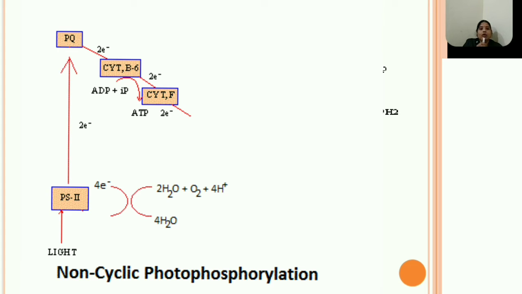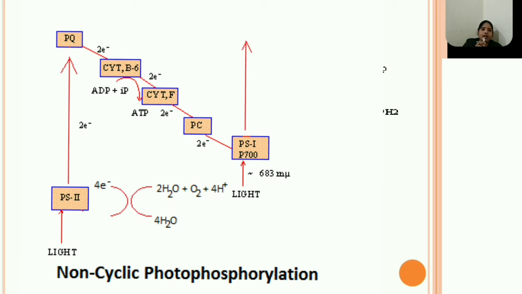Electrons from coenzyme Q move down through various electron carriers and release energy.